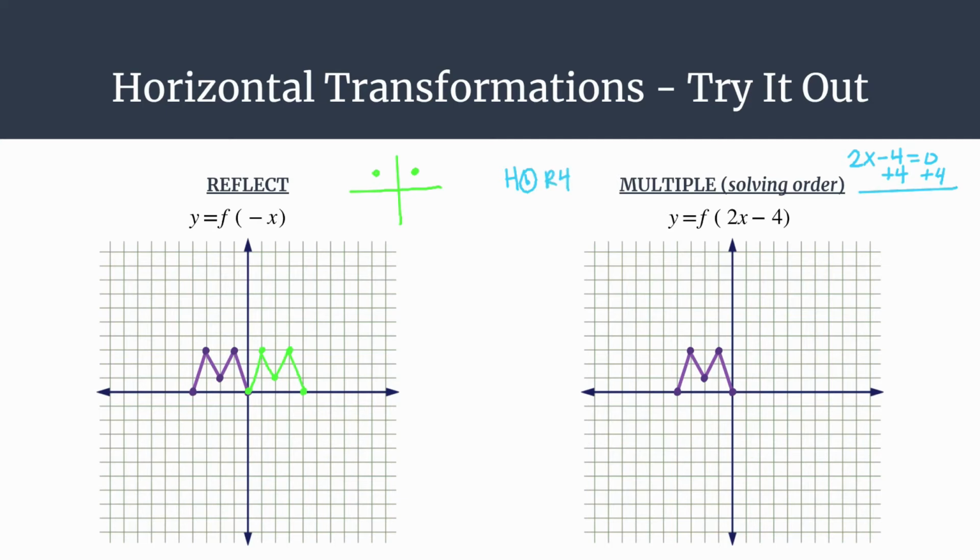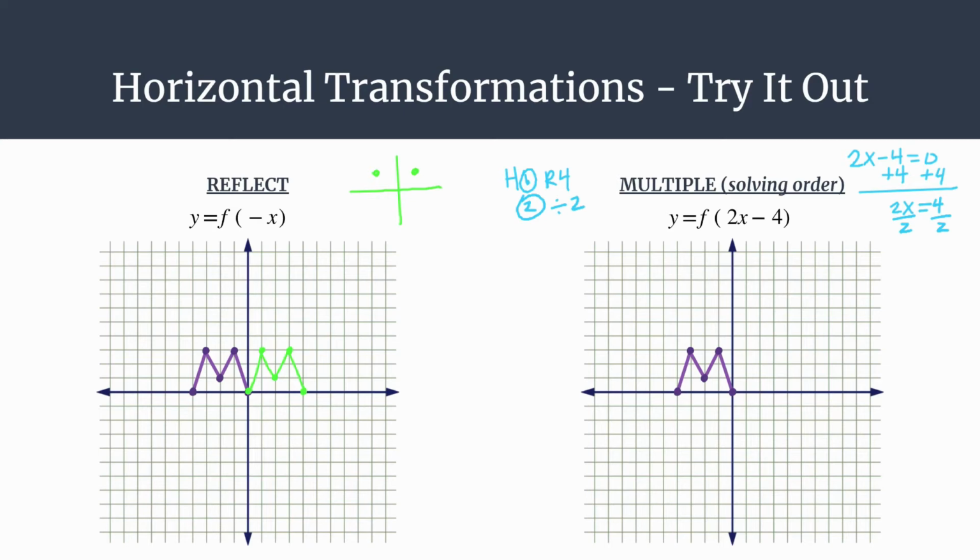Of course, then you would have 2x equals 4. And then our second transformation, you would divide by 2 to isolate the x. I'm just going to use shorthand here: divide by 2. We'll follow that order with each point. In a later video I'll go through this further.